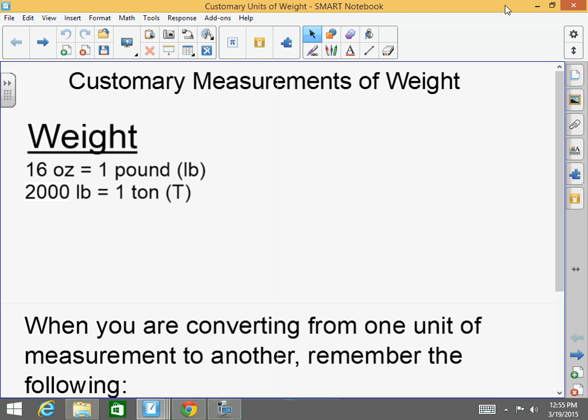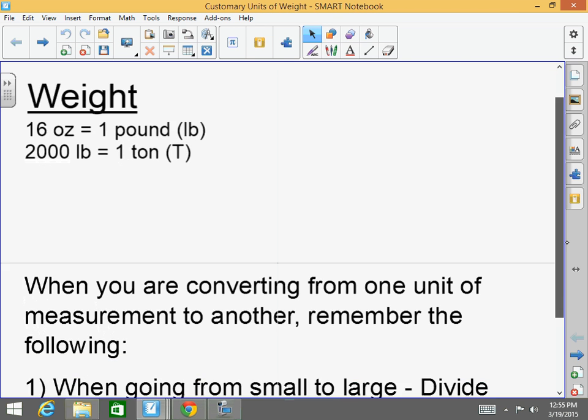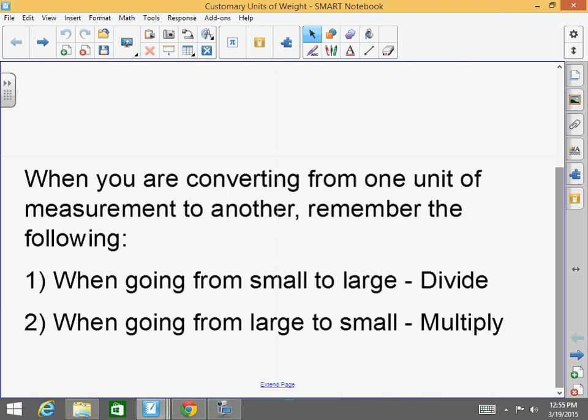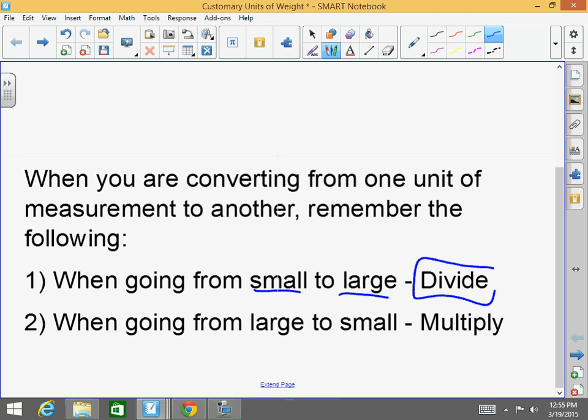I'm going to repeat what we repeated last time because I want to make sure that you guys understand. When you are converting from one unit of measure to another, remember, please, the following. When you're going from small to large, divide. And when you're going from large to small, multiply.